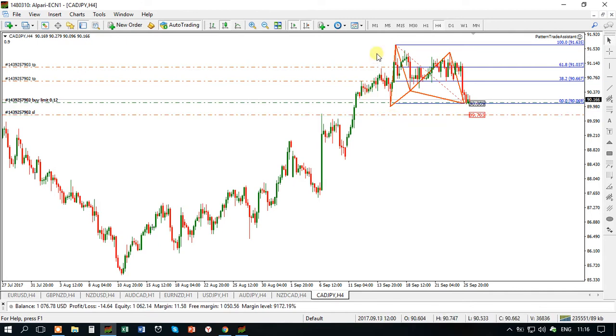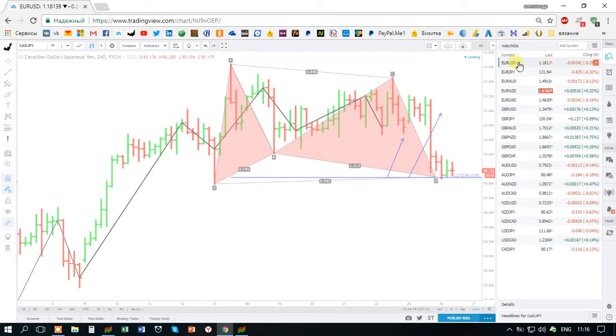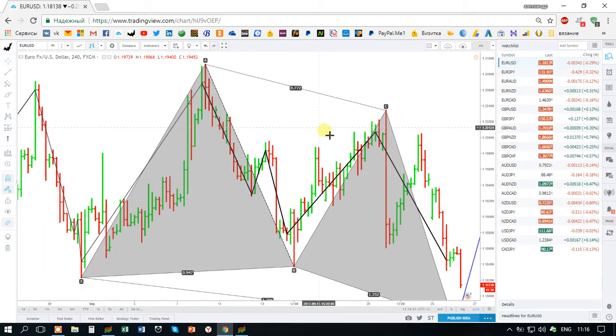Okay, so here is the trade. Pretty good, a deep Gartley pattern for the risk to reward of 32 pips versus 58 pips. Pretty nice trade.